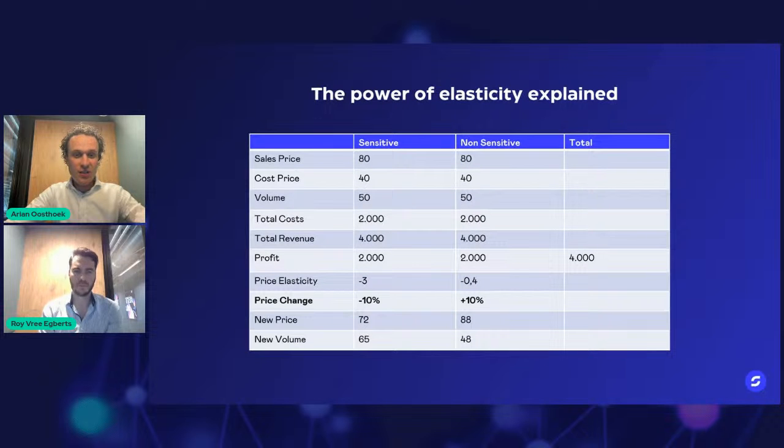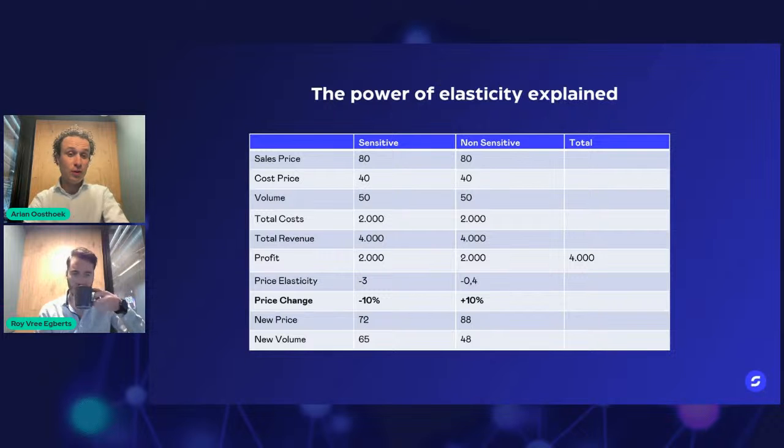Given these insights, we can calculate the new price, which is 72 now because it's 10% lower for the sensitive item. And we have 88 for the non-sensitive item because that's 10% higher. The new volume is then 65, compared to 50, which is the old volume.